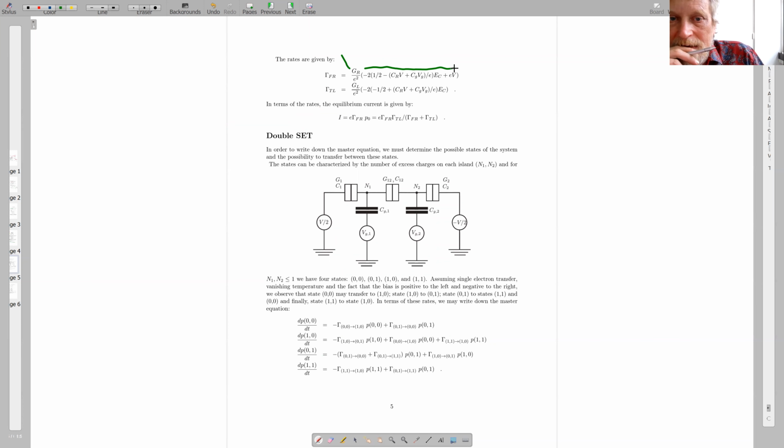Now one has to, for instance, concentrate on the right junction or left junction. Doesn't matter because the currents are the same. Take the probability we have calculated, multiply it with the rate. Okay, here we are.